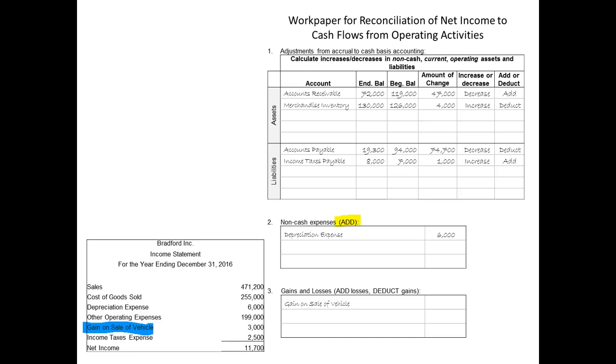We'll enter this in our work paper. Notice that the work paper tells you that you will be adding losses and deducting gains in the reconciliation. Again, remember that we're trying to move from net income, which has been increased by the gain, to cash flows from operating activities, which has not been increased by the gain, so we have to subtract the gain.